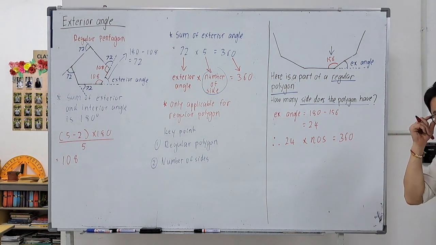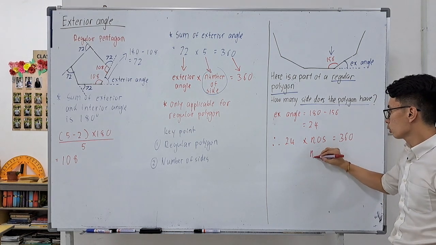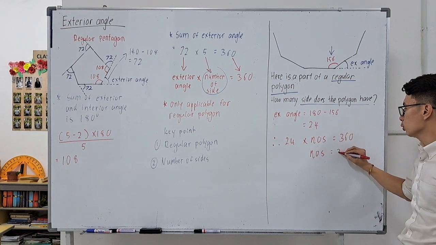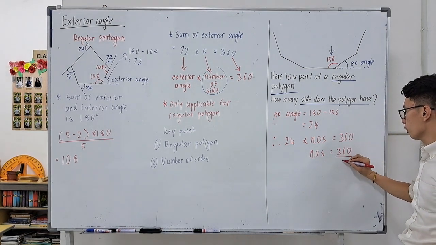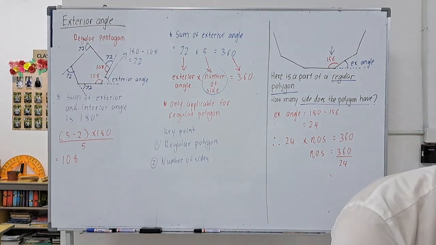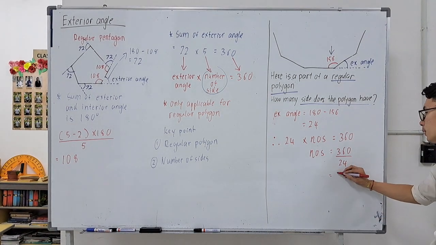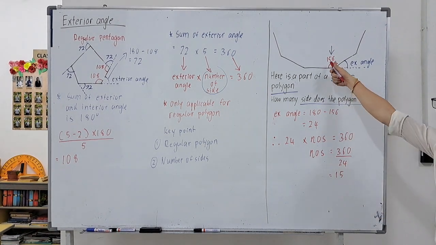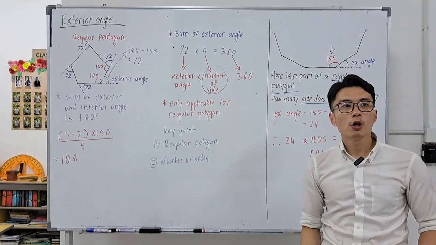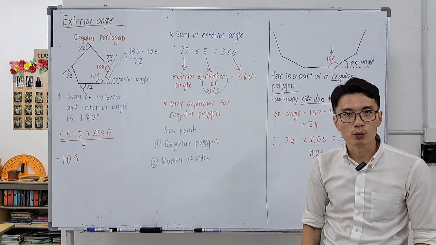That's my equation. And we can solve this equation by applying basic algebra. Number of sides is equal to 360 divided by 24, and let me work that out in my calculator, that should give me 15 sides. So this polygon is actually a regular polygon with 15 sides.